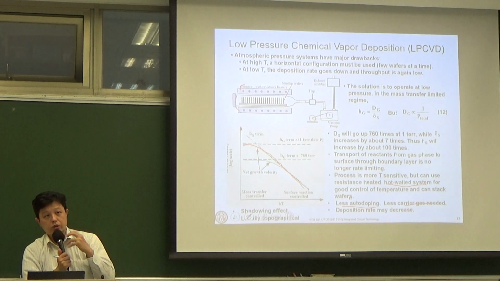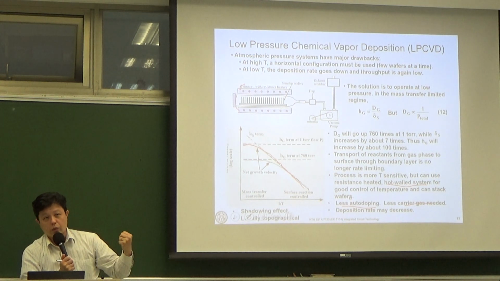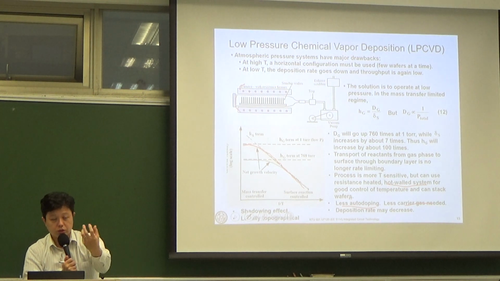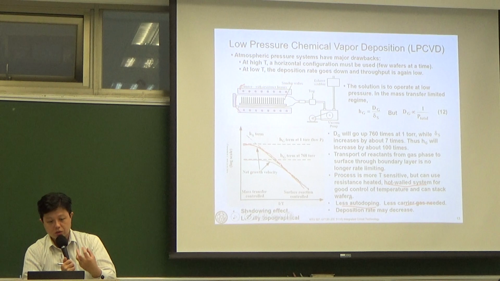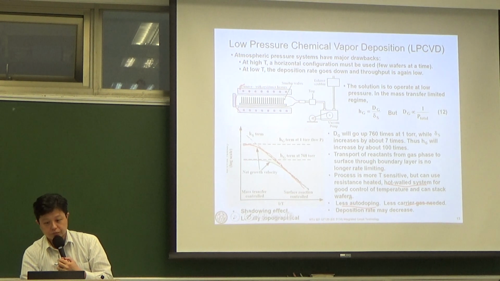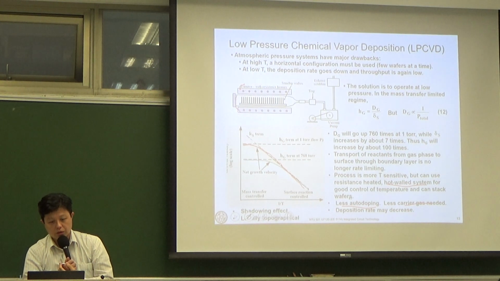But once we reduce the pressure, now your molecules will move directly along one direction without any collisions between these molecules. Now this surface profile or the shadowing effect will become more important, because right now it will move toward something like physical vapor deposition.